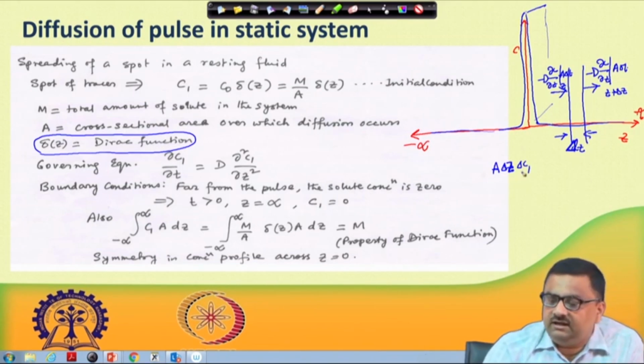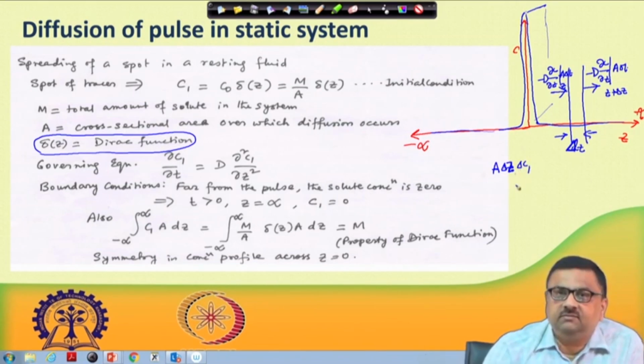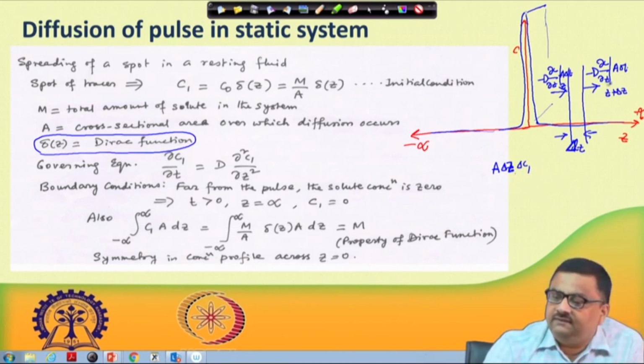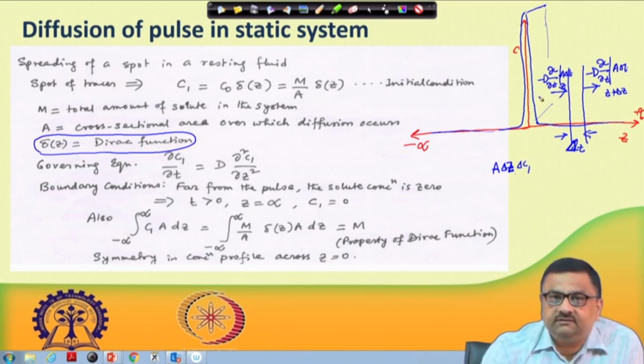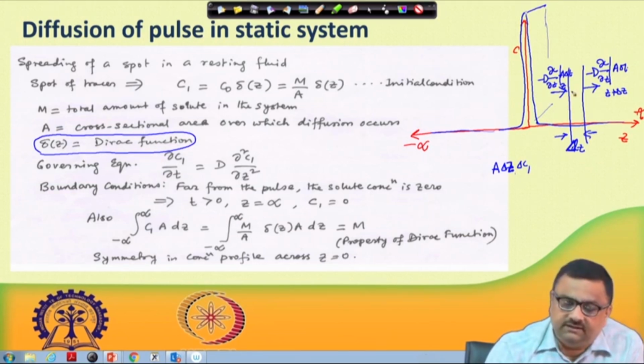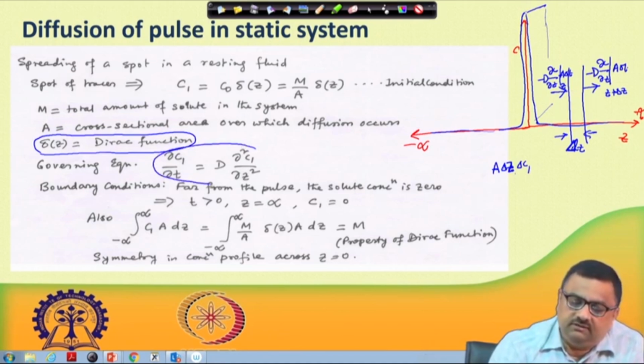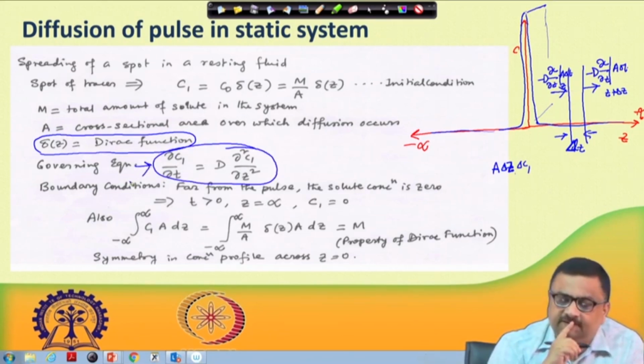With delta t tending to 0, delta C1 by delta t became del C1 del t, and this term, when we divided it by delta z, became D del square C1 del z square. That is exactly the governing equation in this case, which we have written here.